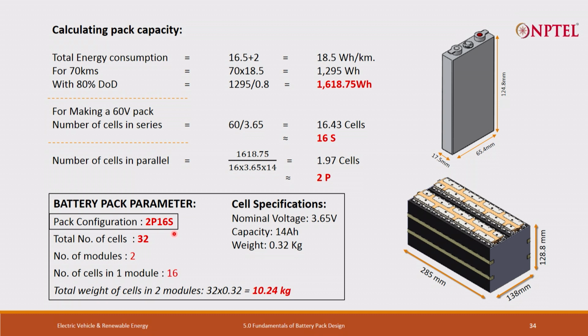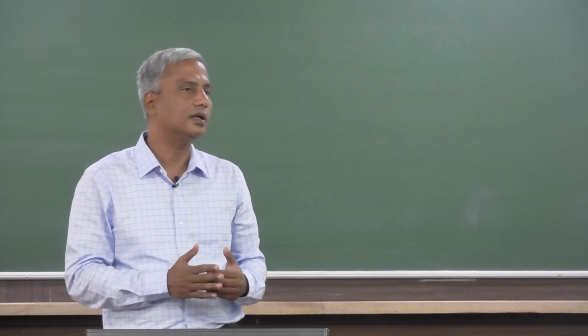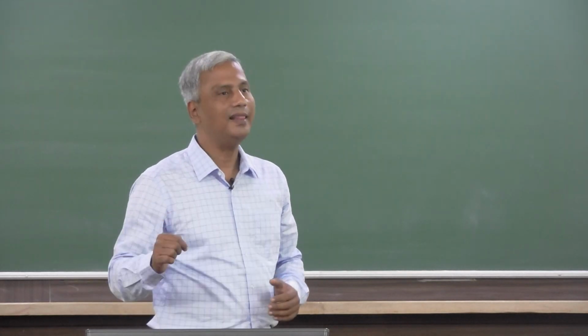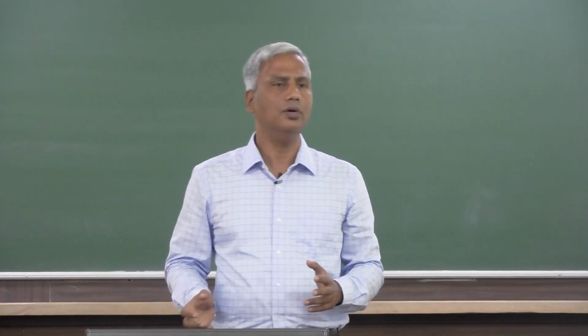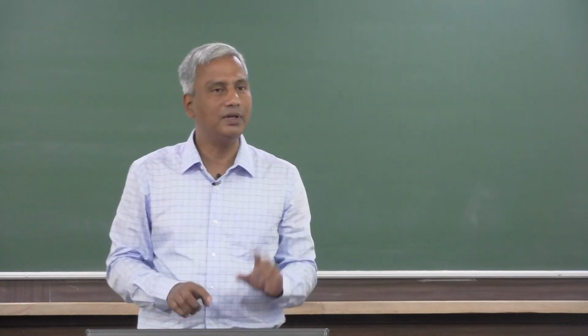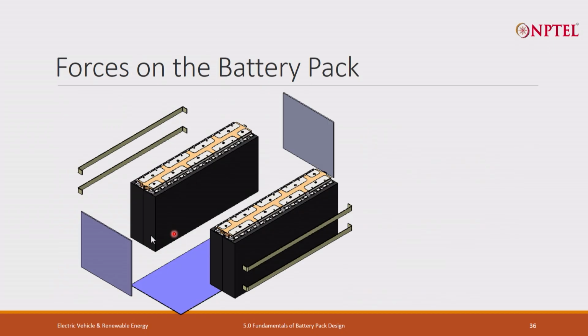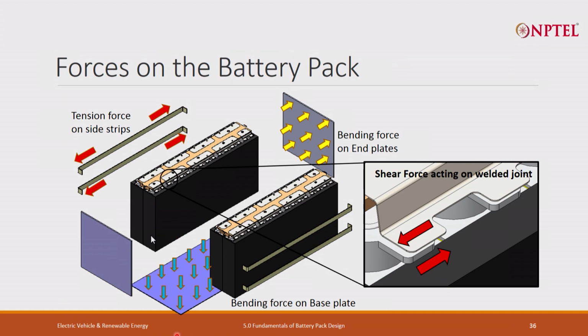So we have decided to make 2 modules. As soon as we decided on 2 modules, after putting a sufficient clearance between the 2 modules, we know what would be the length and the width of the module. As soon as we know the length and width of the module, 2 dimensions of the base plate are known now.